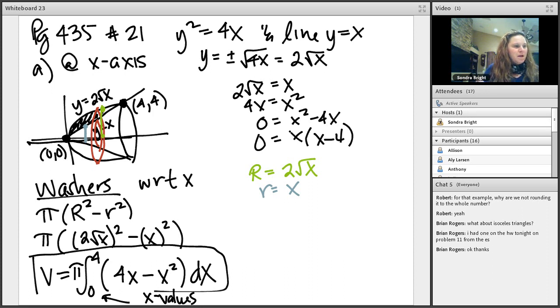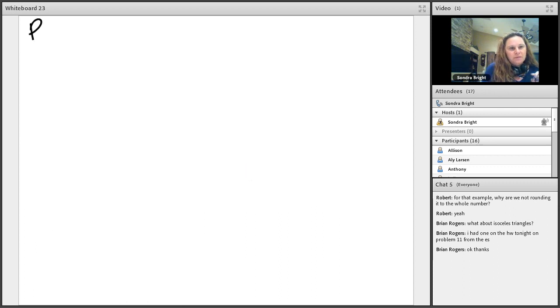It also works doing shells. I'm going to skip shells though and go on to another type that I know my students had an issue with. I'm going to do part C, same problem, still page 435, number 21C. I don't think that we make you use shells.